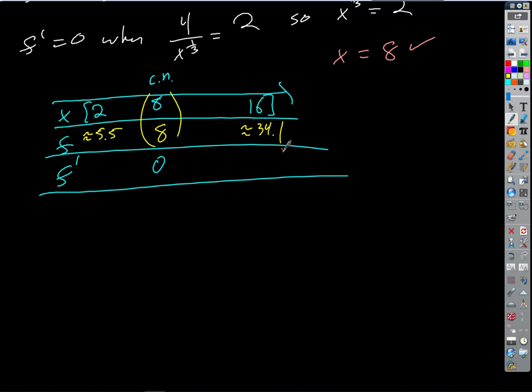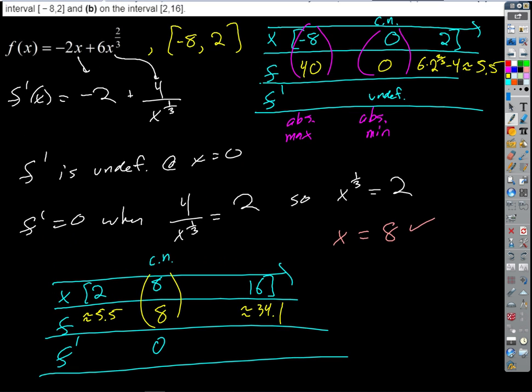We could write that out using fractional exponents if we wanted to, but I don't want to take all the time. So we know our absolute maximum this time is at 16. Our minimum is going to be at, did I do that right? Negative 2 times 16. Are you sure that was right?